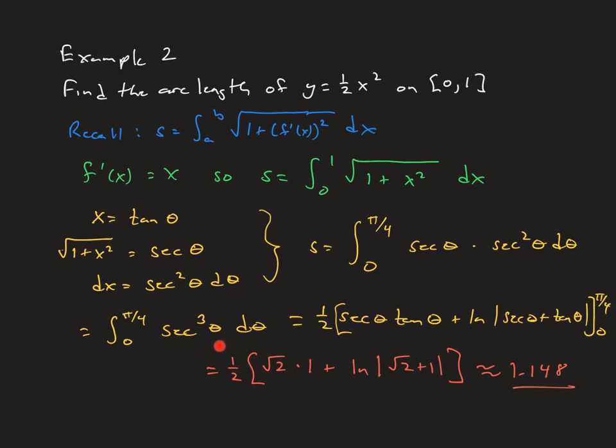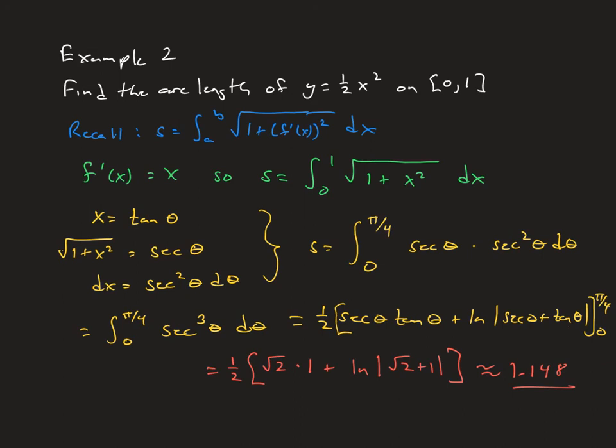We did the integral of secant cubed. We didn't have the limits of integration, we just had the secant cubed. And what we found, you can look back in your notes and see the whole process, is that the antiderivative of that was 1/2 times secant theta tan theta plus the natural log of secant theta plus tangent theta. And I'm going to evaluate that from 0 to pi over 4.